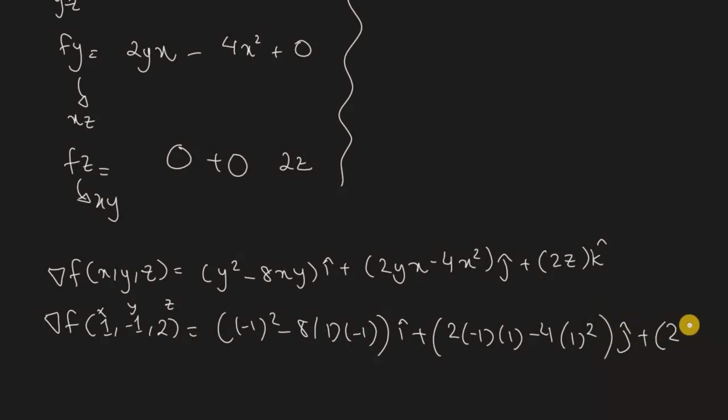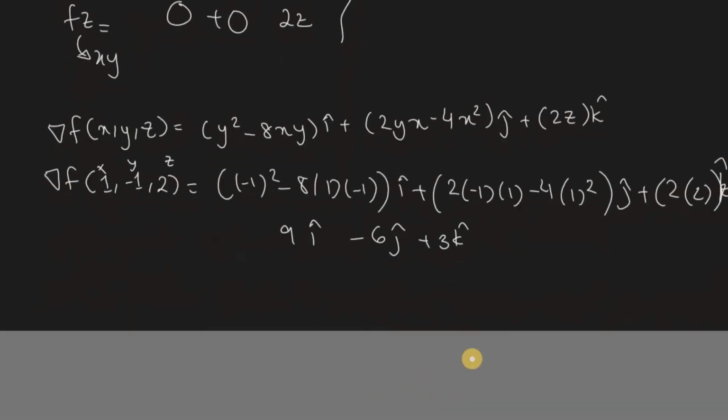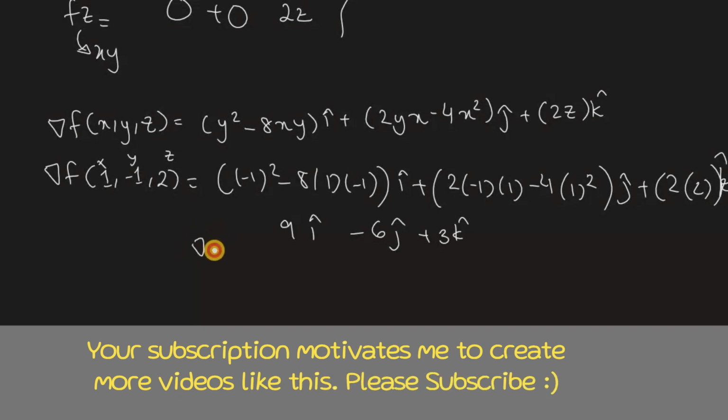Then 2 times 2 times 2, that's 4, k hat. If you calculate all this, it should give you 9 i hat minus 6 j hat plus 3 k hat, and that's my gradient at the point.